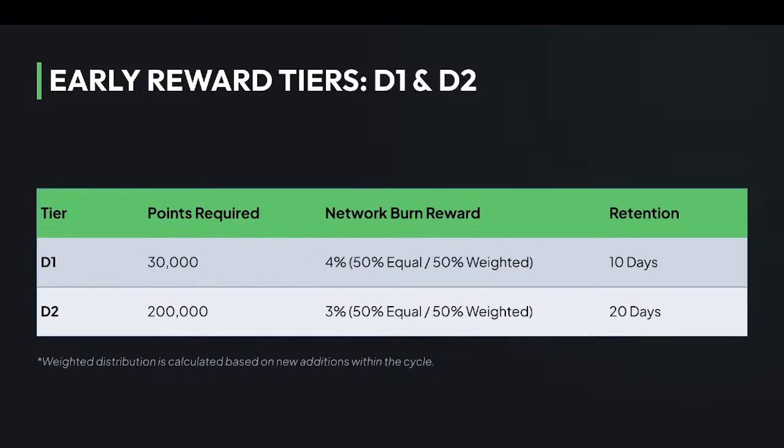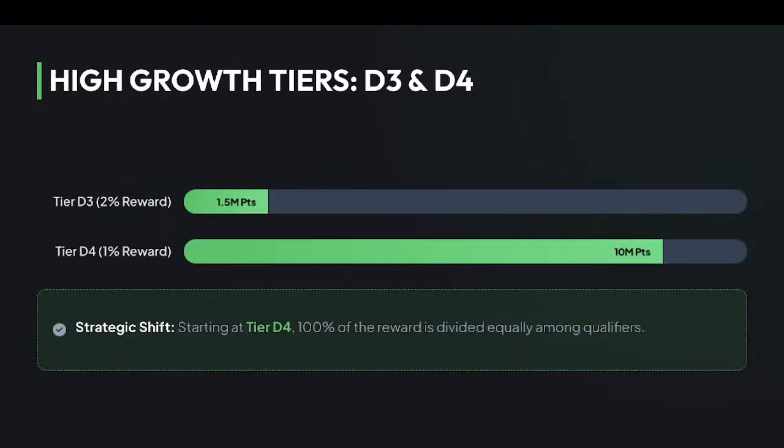So tier D3 is a bridge to the elite level. It requires 1.5 million contribution points at this level. Qualified users share a reward pool consisting of 2% of the total global level burn, similar to the earlier tier.